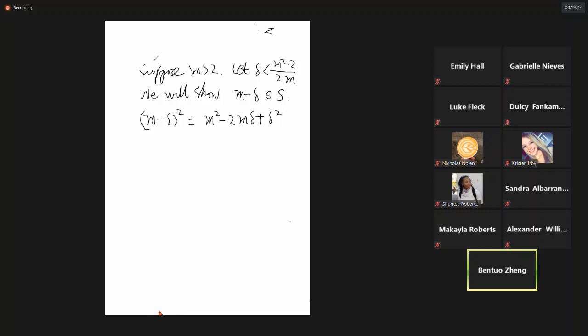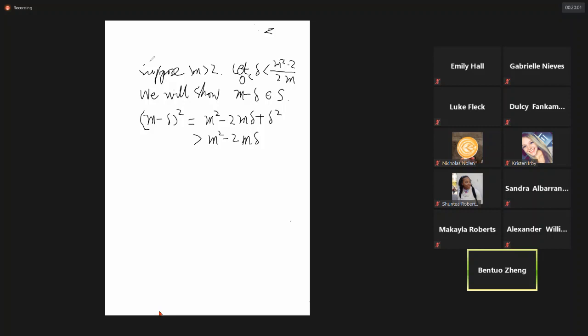Since delta is greater than 0, this is greater than M squared minus 2M delta, because the last term, delta squared, is positive. When you throw away a positive number, you get smaller.